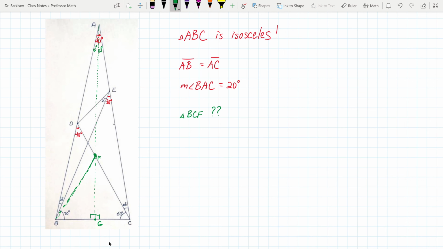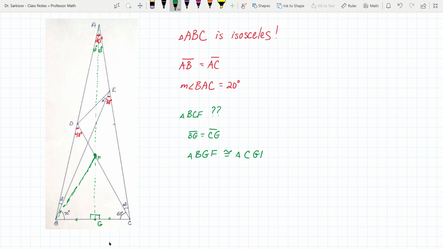Look at this. BG equals GC, right? This is again a median, because this is an angle bisector of an isosceles triangle. So BG is equal in length to CG. And because they're right triangles, triangle BGF is congruent to triangle CGF.